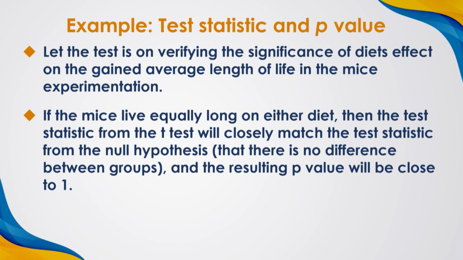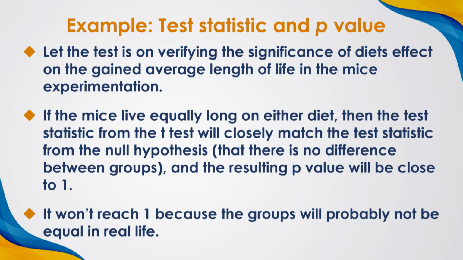If the mice live equally long on either diet, then the test statistic from the t-test will closely match the test statistic from the null hypothesis, where the null hypothesis propagates that there is no difference between the two groups, and the resulting p-value will be close to 1. It won't reach 1 because the groups will probably not be equal in real life. Most of the time theoretically they may agree, but practically there is a lot of difference.